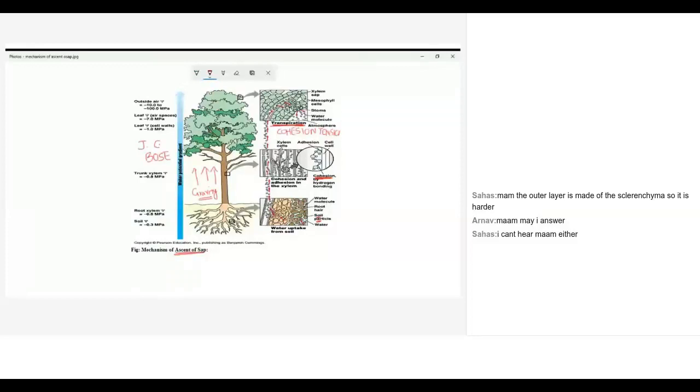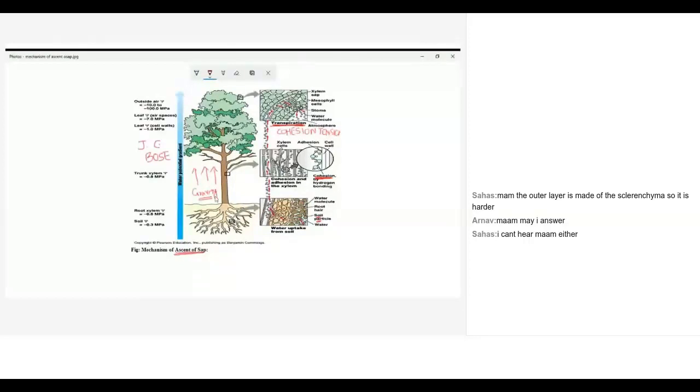Now here, the plant leaves will lose water content in the form of transpiration. Because of transpiration, there will be a gradient of water potential developing in the leaves and stem part of the plant.